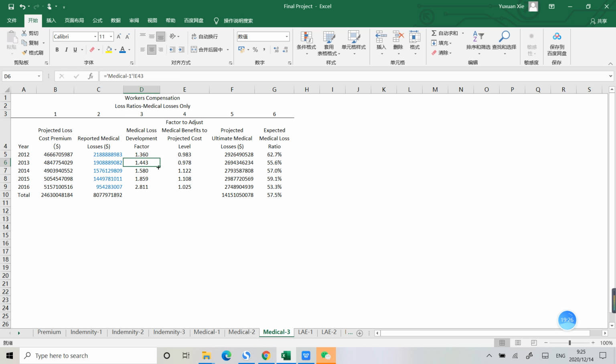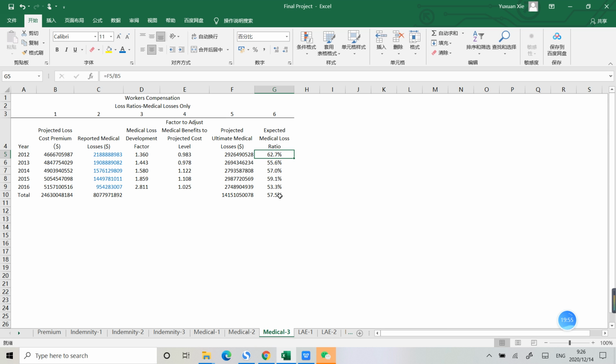Column 3 is from the medical 1 sheet, and column 4 is from the medical 2 sheet. The expected medical loss ratio is equal to projected ultimate medical losses divided by projected loss cost premium.